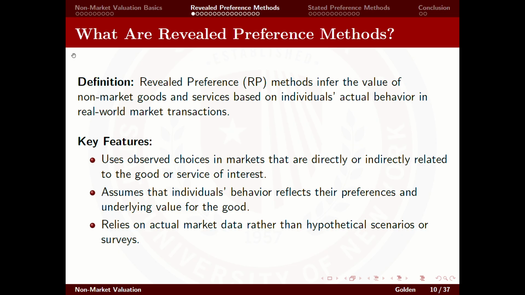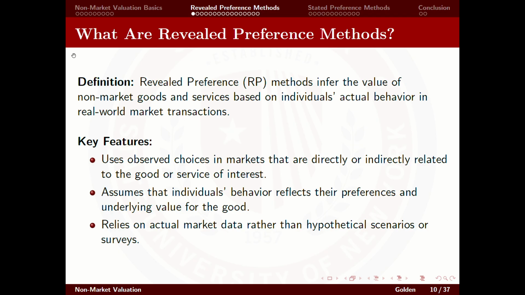So key features: it uses observed market choices, directly or indirectly related to the goods of interest. It assumes that individual behavior reflects preferences and total value. There's a problem with this because you don't always observe the total value from the market.